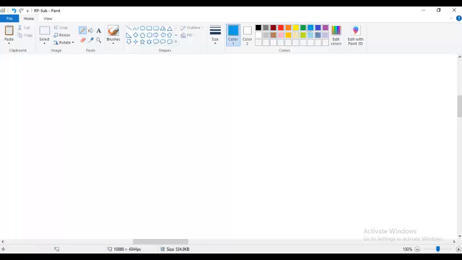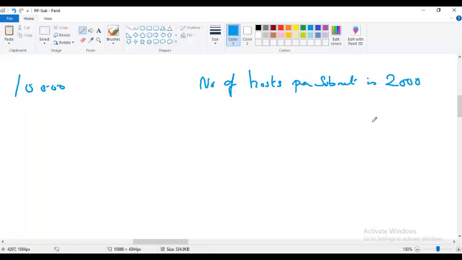Okay, 10.0.0.0. Number of hosts per subnet is 2000. Very good. So you see, this one is 128, and this is going to be 256. This is going to be 512.